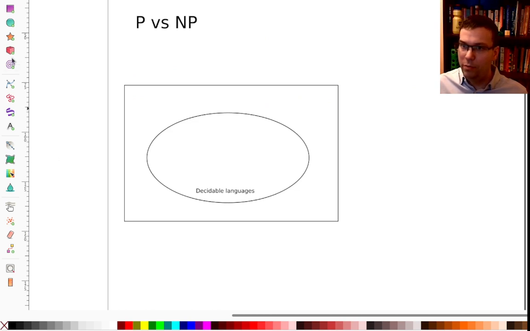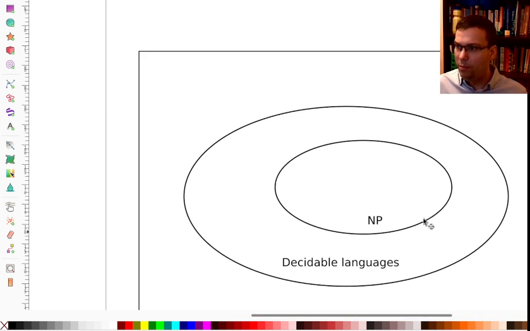If I'm drawing the picture here, I know that P and NP are both decidable languages. NP is a subset of decidable languages, and what I've shown here is that P is a subset of NP.